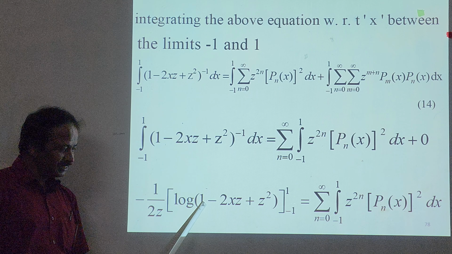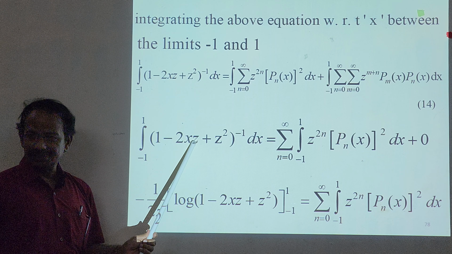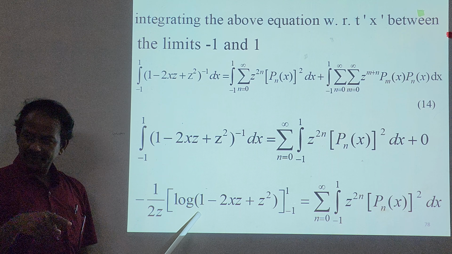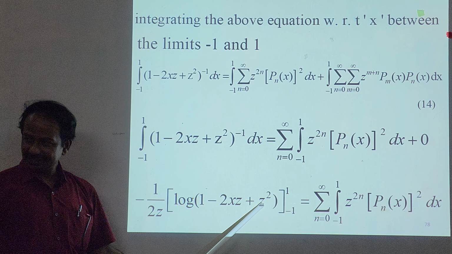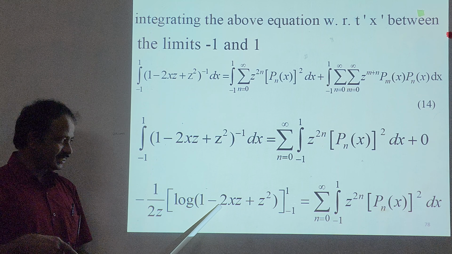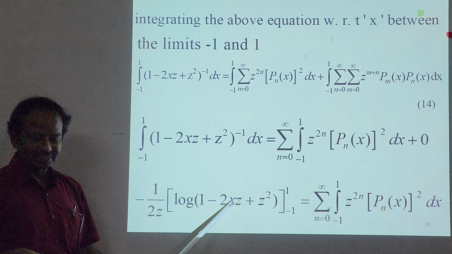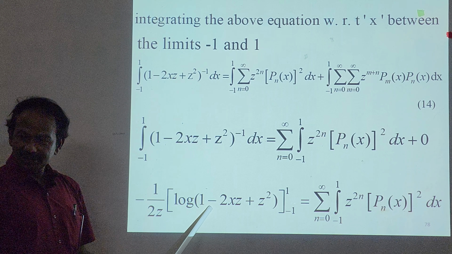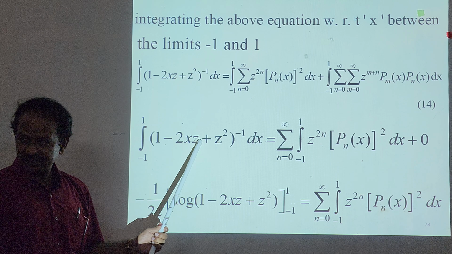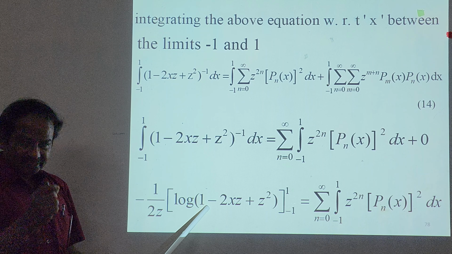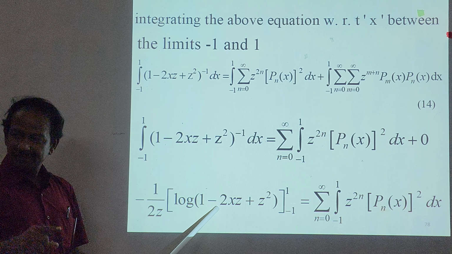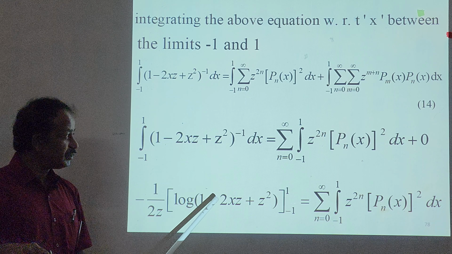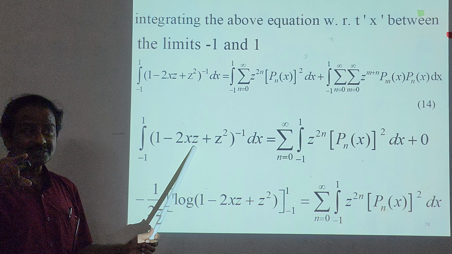When you differentiate this term, you will get this term, correct? So now we just differentiate it. Differentiating gives you 1 divided by 1 minus 2xz plus z squared, and differentiating the inside with respect to x gives minus 2z.